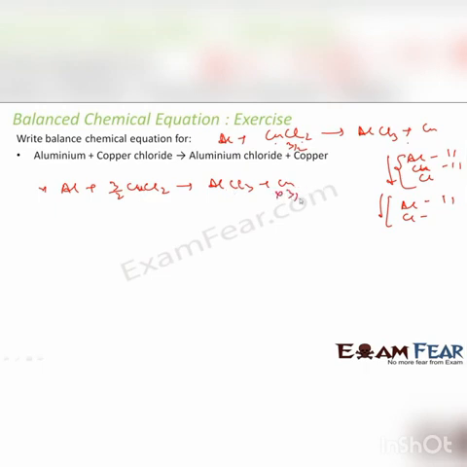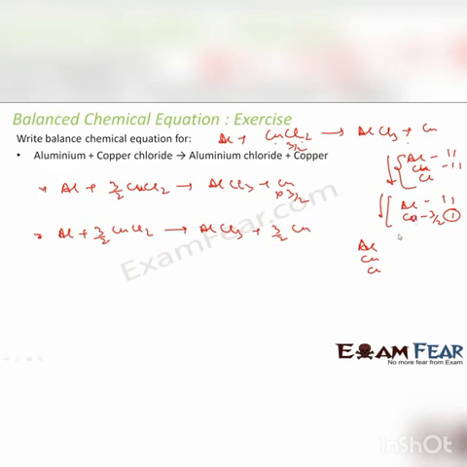Copper is 3 by 2 here and 1 here. So we'll multiply this guy with 3 by 2. So now what you get is aluminium plus 3 by 2 copper chloride gives aluminium chloride plus 3 by 2 copper. Now let's again check the values.